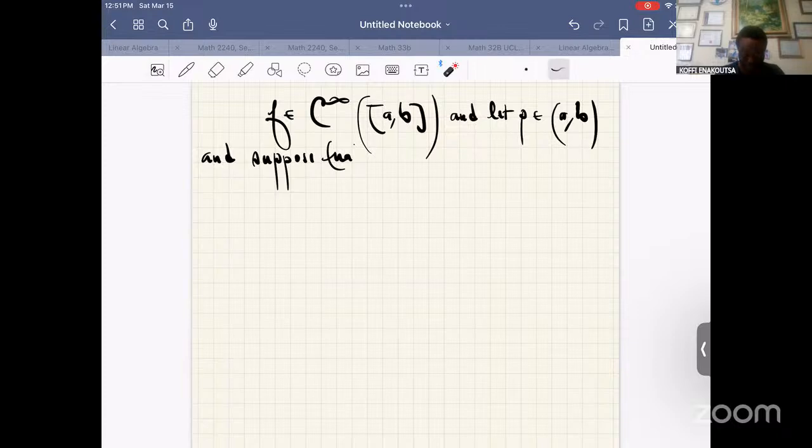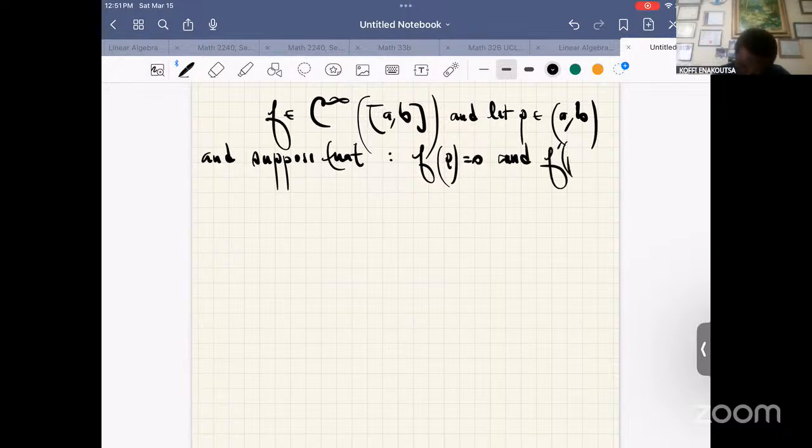So let's assume that the function f and its derivative are indefinitely differentiable. And suppose that f at p equals 0 and f prime at p is not 0.